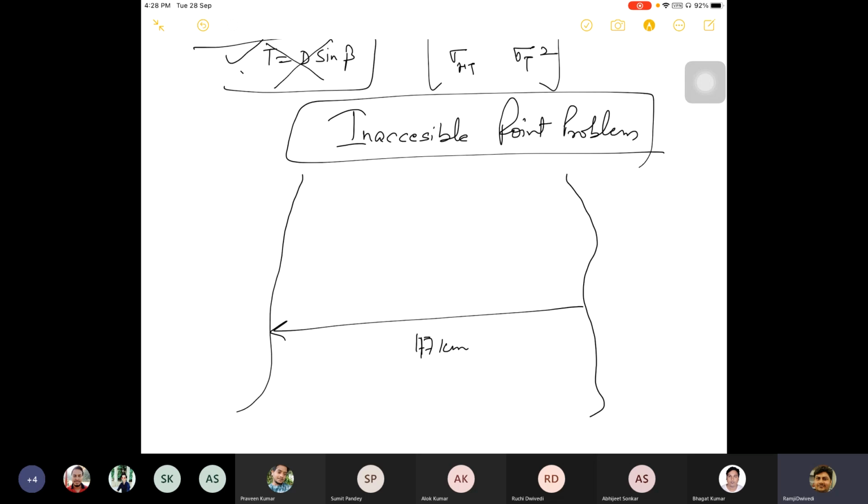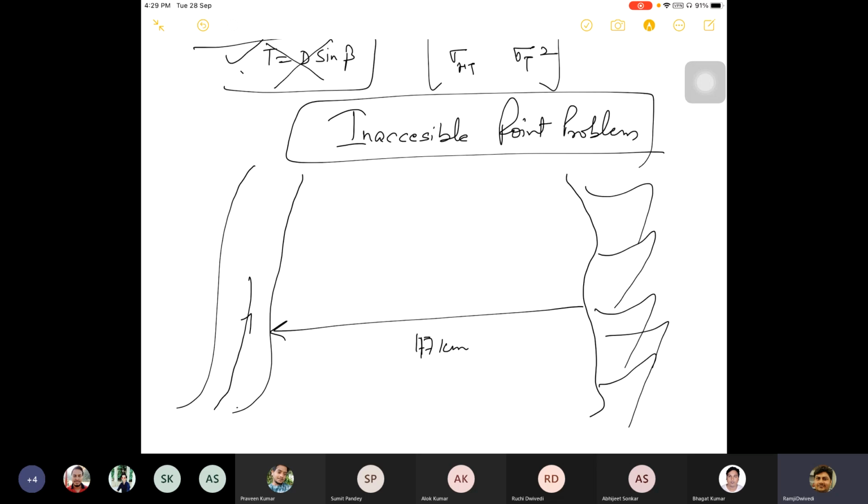And on this side there is a road which goes from Geneva to Lausanne. Both are very popular cities of Switzerland. So you have the Swiss Alps on the right hand side, and in between you have the water body, which is Geneva Lake.